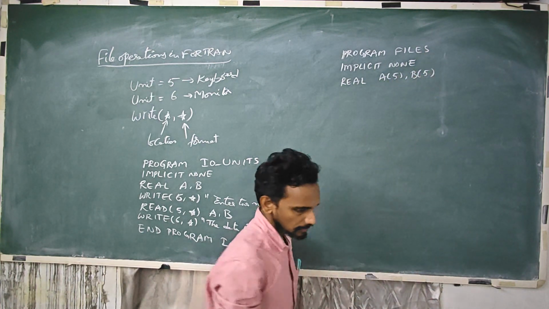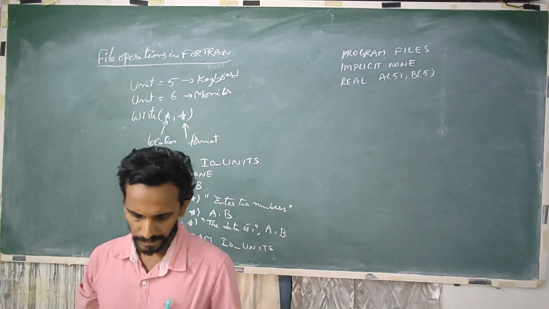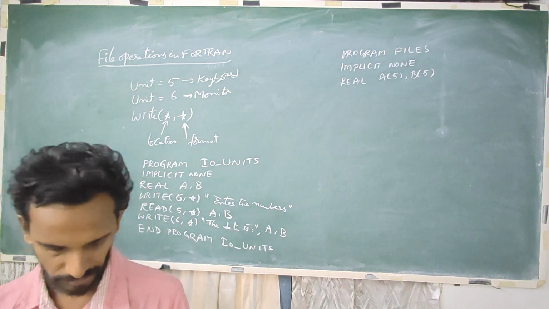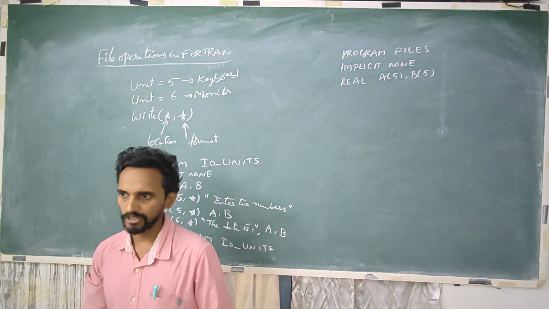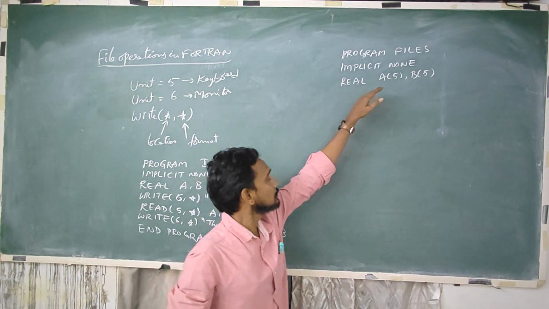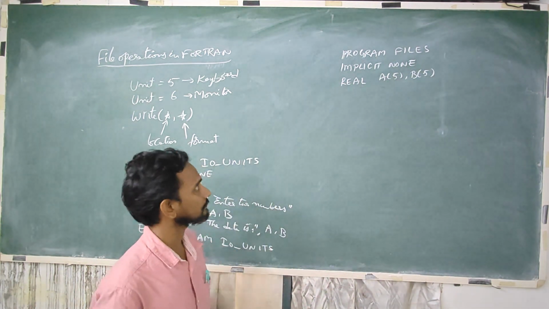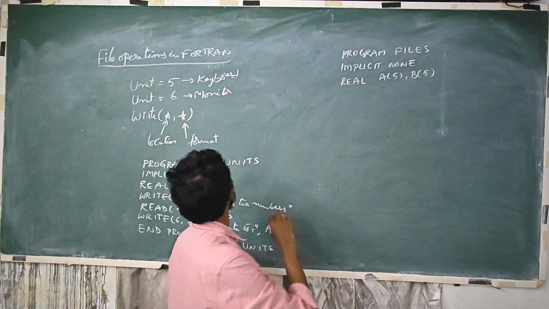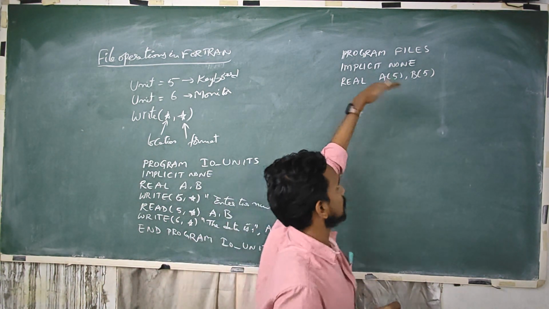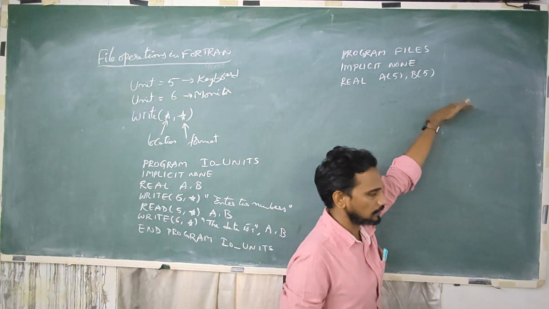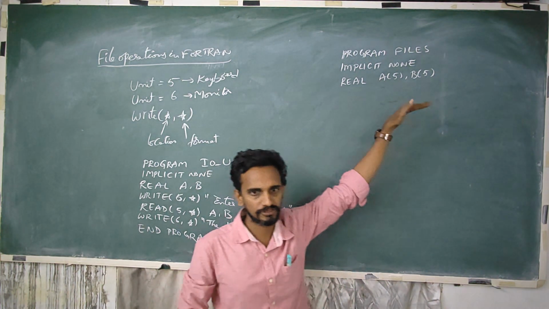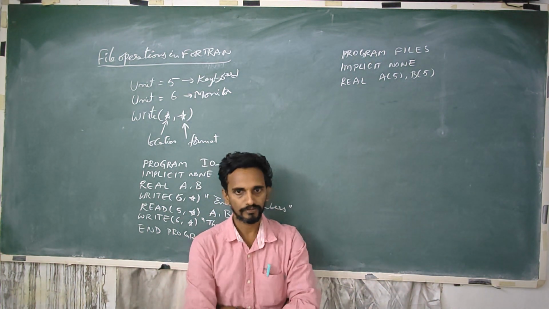Let's say I would like to read an array of 5 numbers, and there are two such variables, a and b. So I have to write these 5 numbers in row 1 and the next 5 numbers in row 2 in a file.